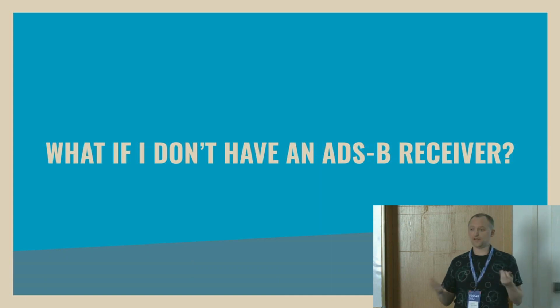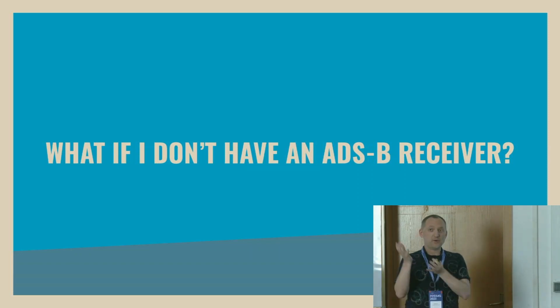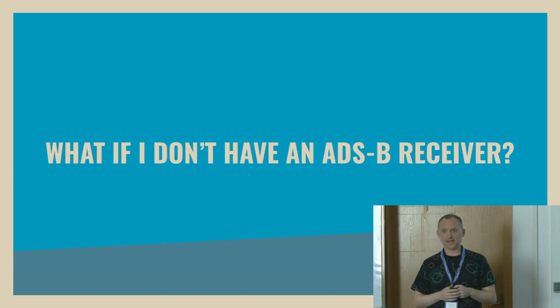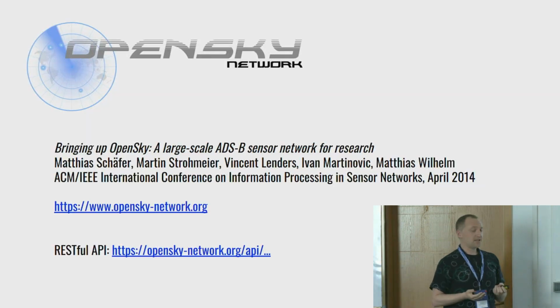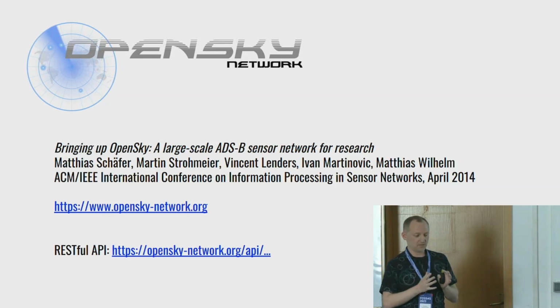Good. What if you don't have an ADS-B receiver? I do not have an ADS-B receiver, so I also can't just go and get this information out of the sky whenever I want it. Fortunately, there are a lot of people who do this as a hobby, and they have these receivers around the world. They're collecting this information and sending it to a group of people called the Open Sky Network.